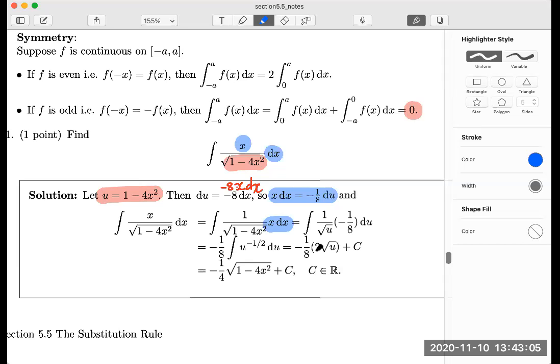But we're computing the integral in terms of x. What we found here is in terms of u. So we need to do one more step. We replace u by the terms we defined before. So we have everything in terms of x here, right?